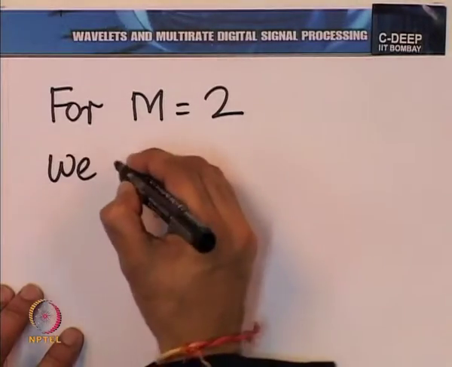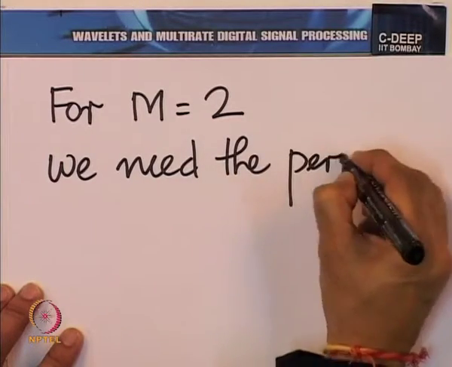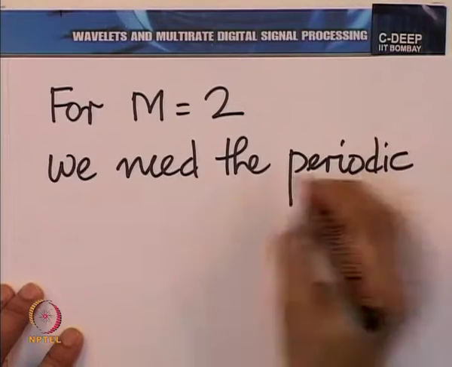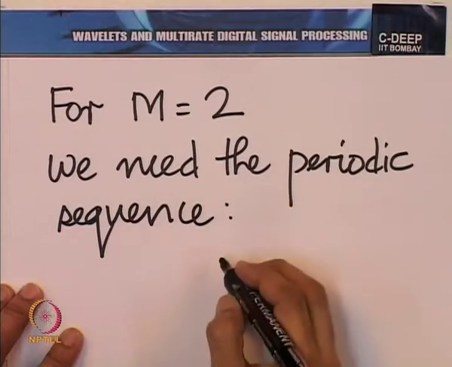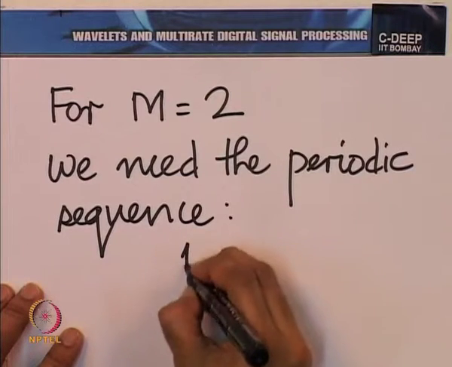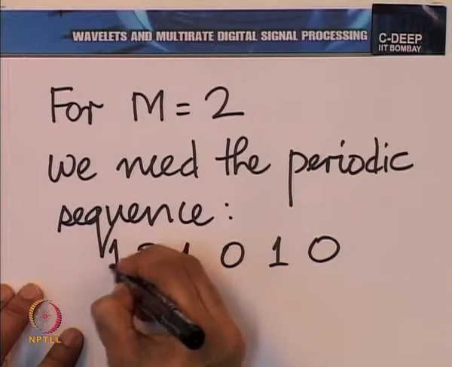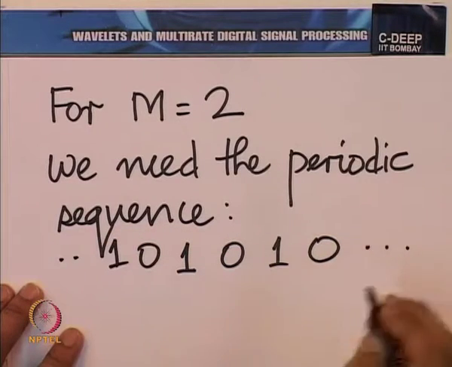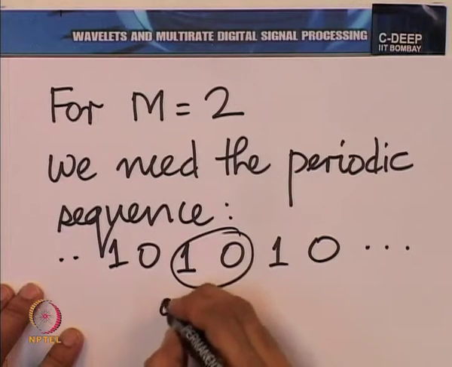We need the periodic sequence 1 0 1 0 and so on and so forth, and we exploit just one period here.